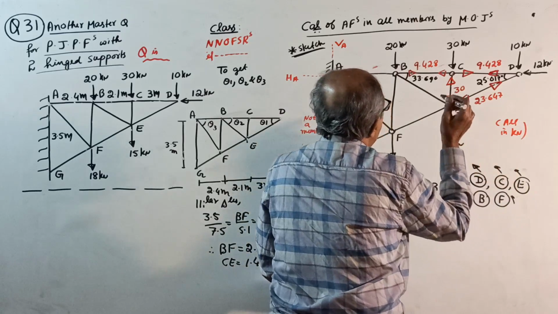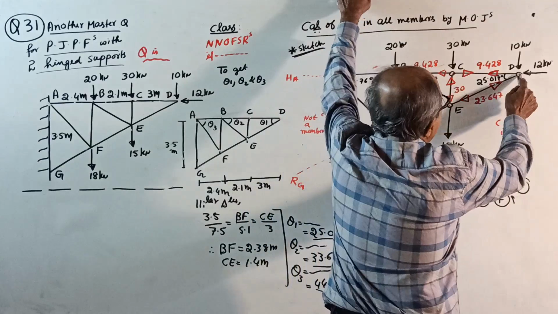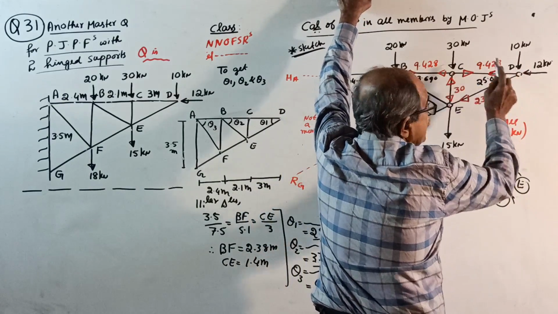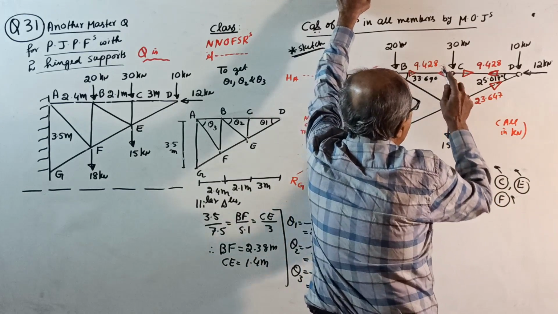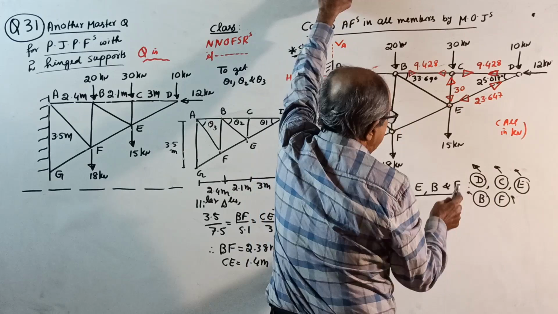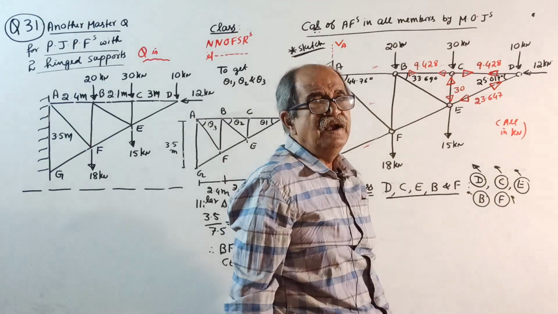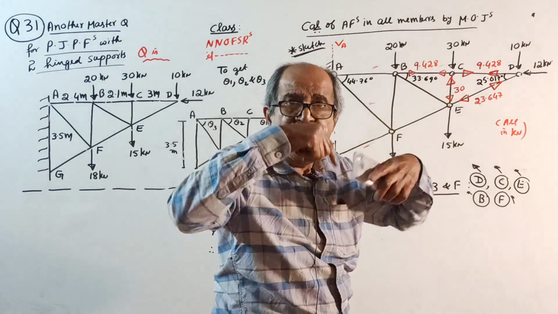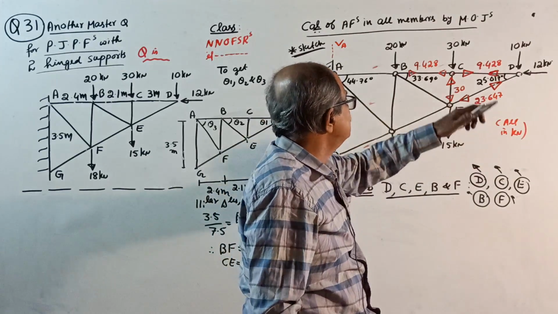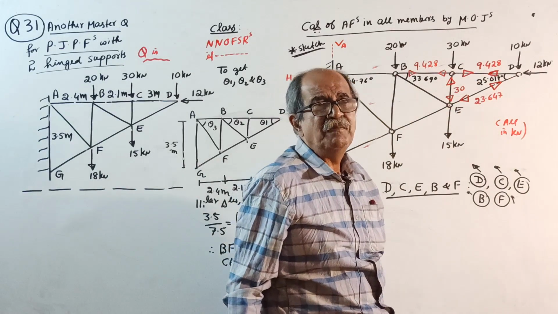Come to E. When you come to E, remember, when you start D, one horizontal, one inclined: happy case. Here, one vertical, one horizontal: happy case. But here, both are inclined. So you will get simultaneous equations, unless you can do what I am doing now: first resolve perpendicular to this member, then resolve along the member.